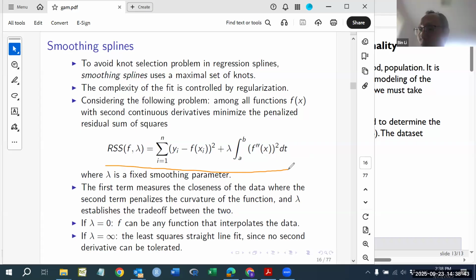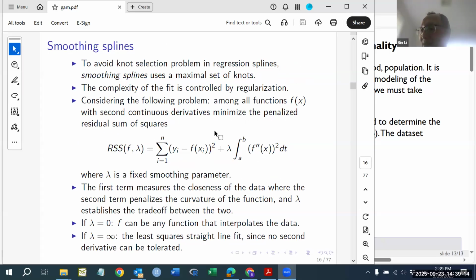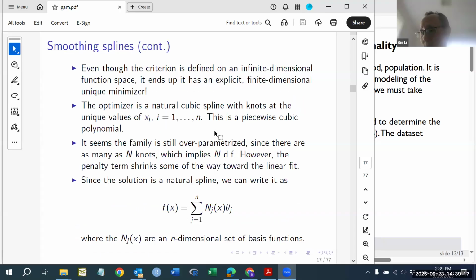If you take any functional analysis in the math department, you know that most function spaces are infinite dimensional, like there's a name called a Hilbert space. Very hard to find the solution because it's infinite dimensional, not even finite.